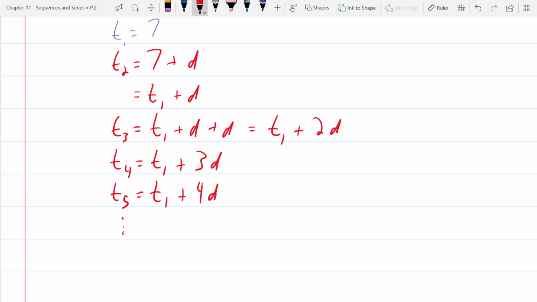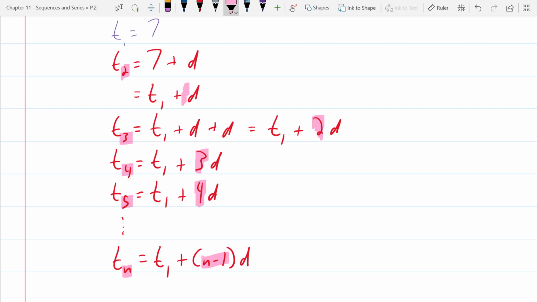If I skip all the way now to t of n, that has to be equal to t of 1 plus n minus 1 d's, because the relationship between n and n minus 1 is the same as 5 to 4, 4 to 3, 3 to 2, and 2 to 1. There's an invisible 1 right there.